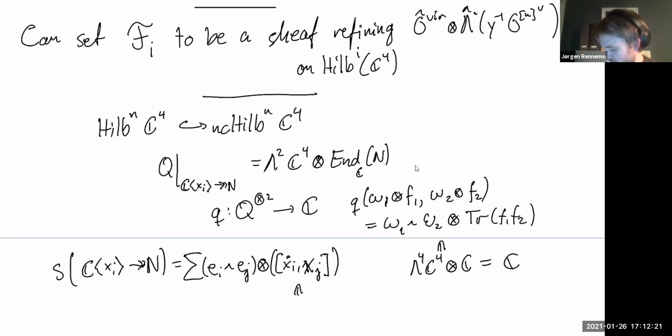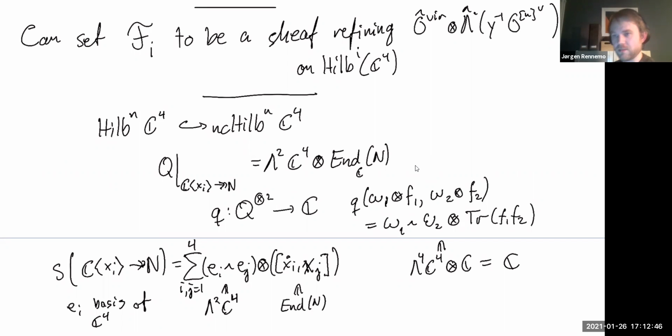So this commutator is something living in the endomorphisms of N, and here the e_i are a basis of C^4, so we sum over i, j equal 1 to 4, and so then this thing lives in wedge 2 C^4. Okay, so that's it. That's the description of the standard model description of Hilb inside NC Hilb C^4.